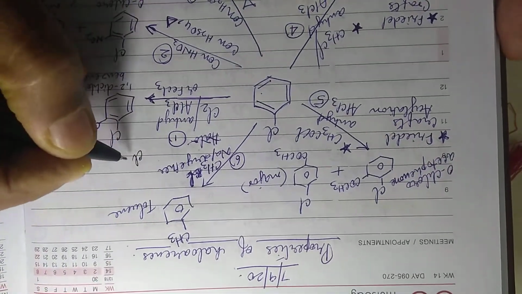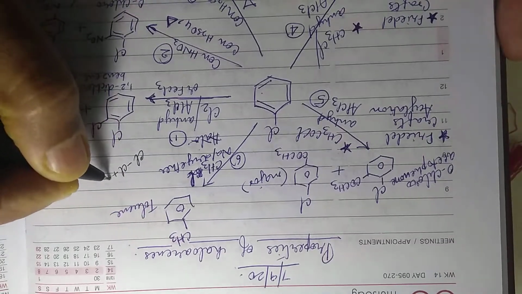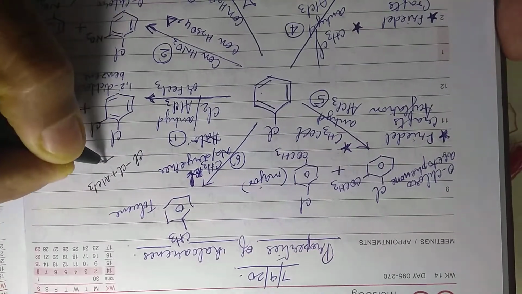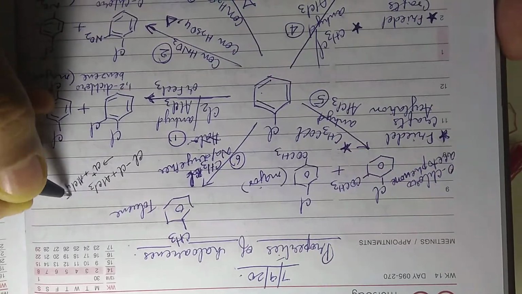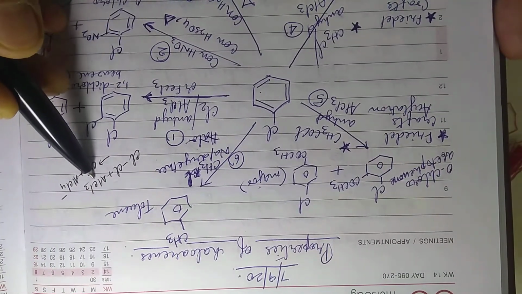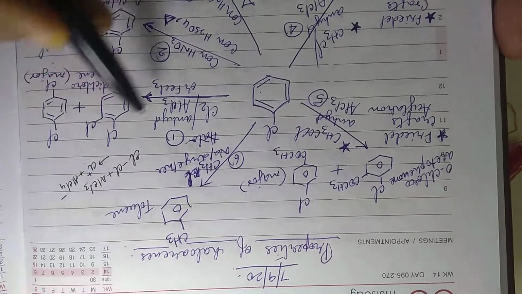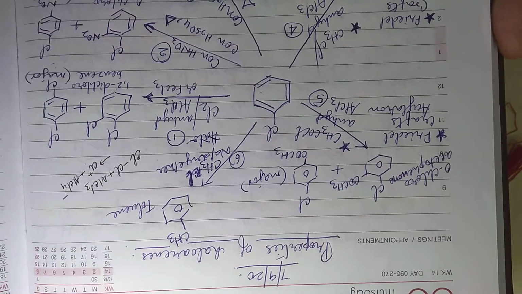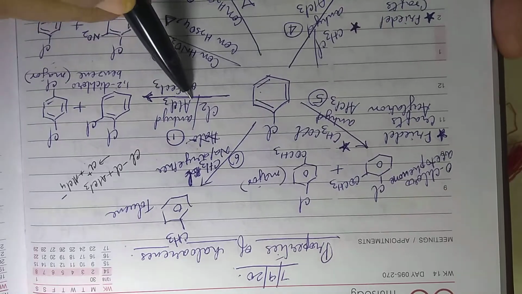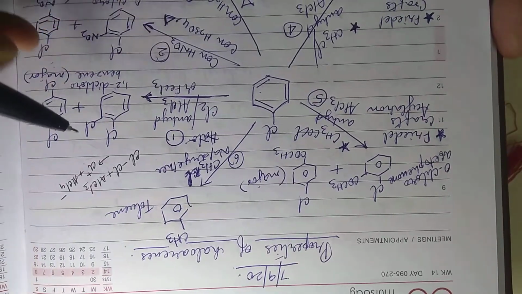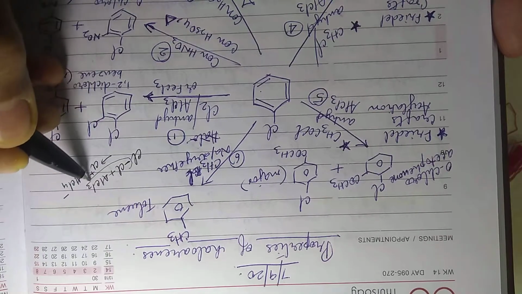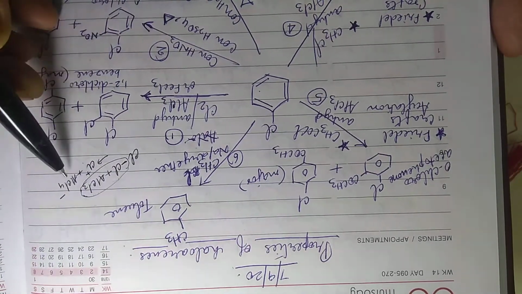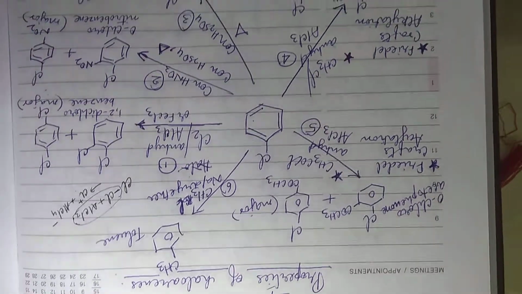Here this Cl2 will react with AlCl3, giving rise to Cl plus and AlCl4 negative. That is why the incoming electrophile is Cl plus. That's why you are calling all this electrophilic substitution. AlCl3 is a Lewis acid, so it will take away the chlorine along with the bond pair, and that is why it will become AlCl4 negative, right?